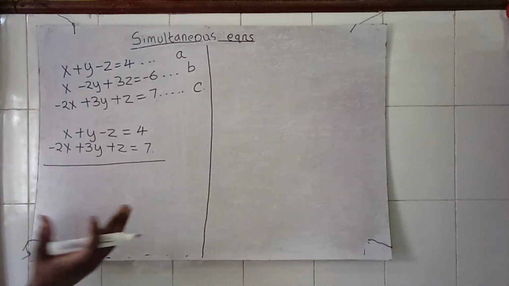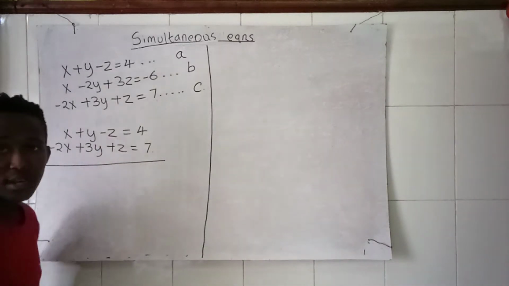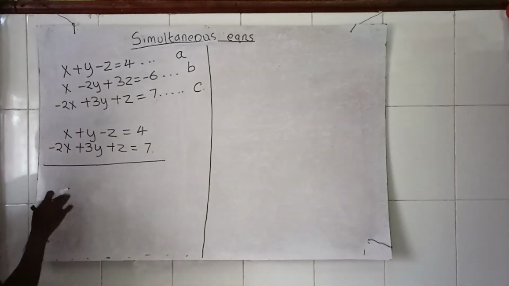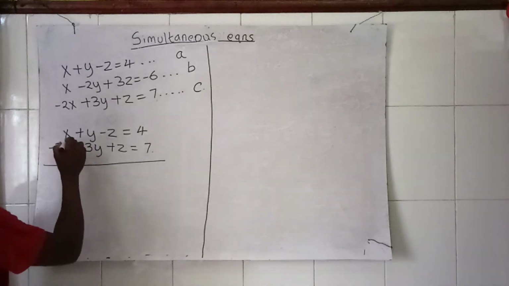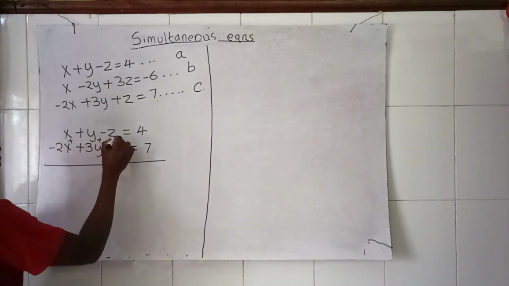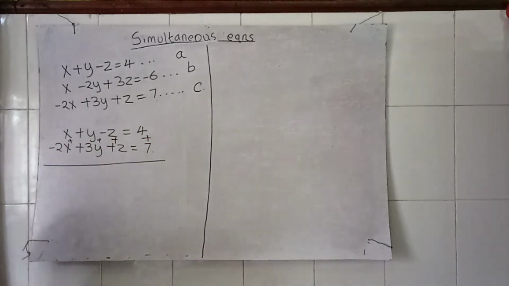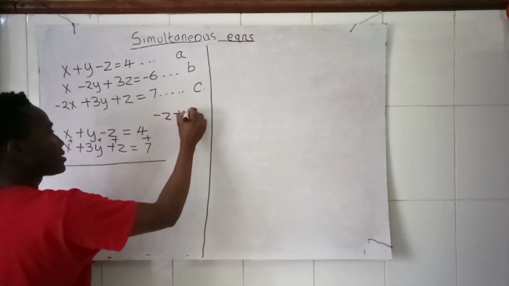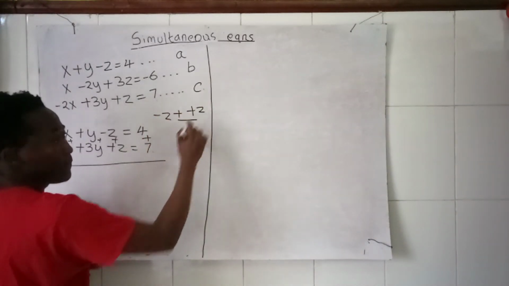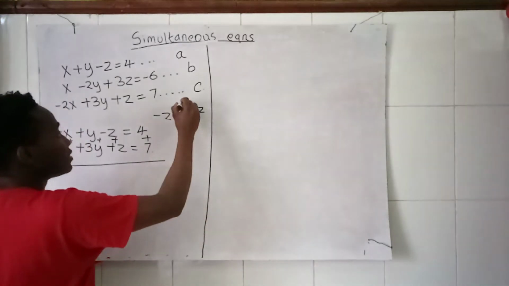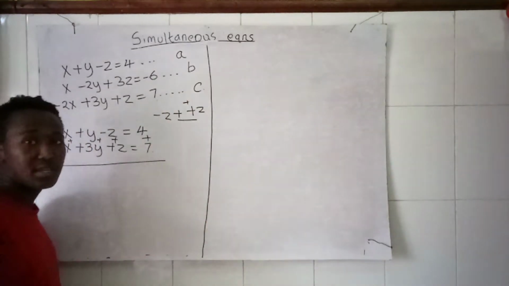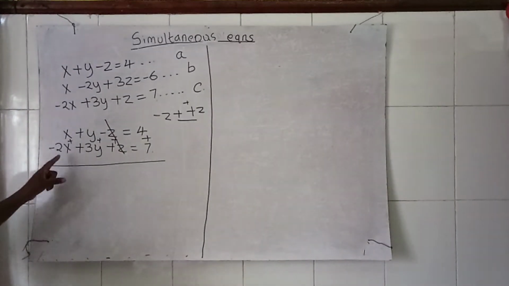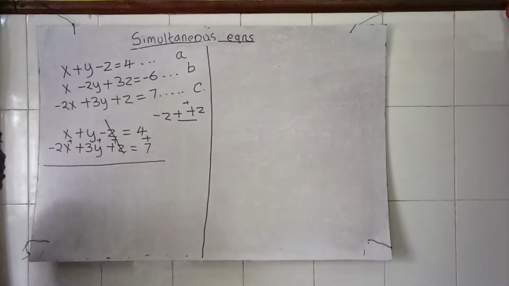Ile inakaa rahisi ku eliminate is going to be z. So it's either we add or we subtract. If I add, I'll have negative z plus z. Plus gives me a positive. So negative z plus z, 0. Z ina cancel out. So I'm left with x, y, and the numbers.